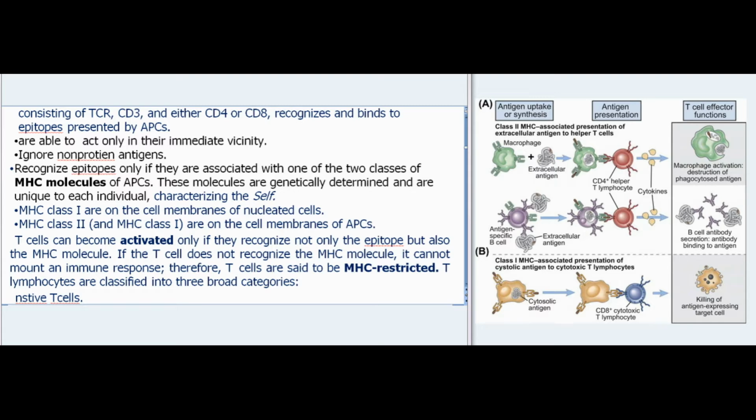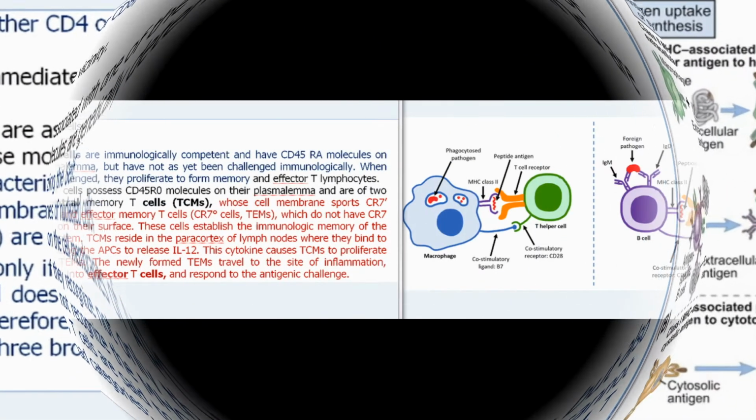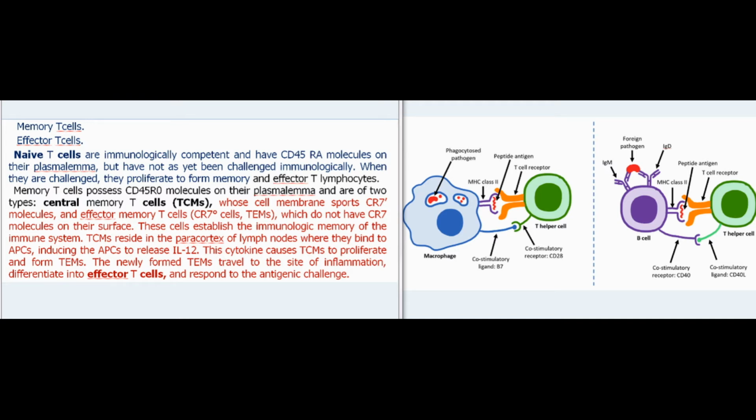T lymphocytes are classified into 3 broad categories: naive T cells, memory T cells, effector T cells. Naive T cells are immunologically competent and have CD45RA molecules on their plasmalemma, but have not as yet been challenged immunologically. When they are challenged, they proliferate to form memory and effector T lymphocytes.